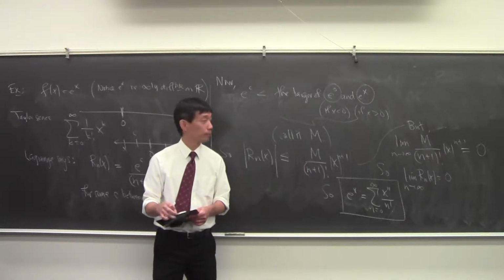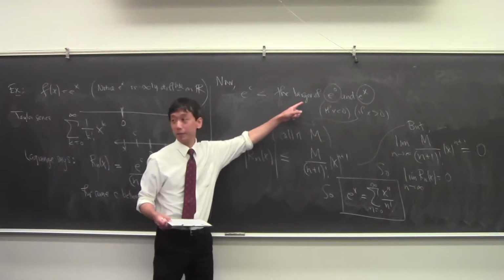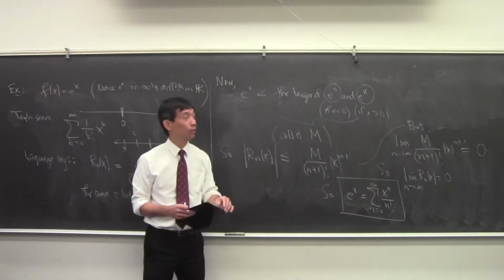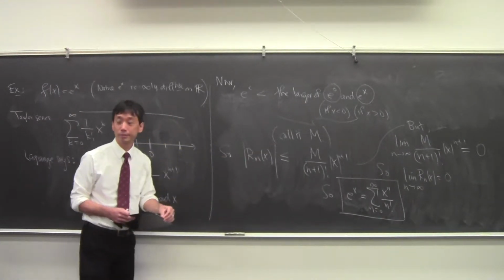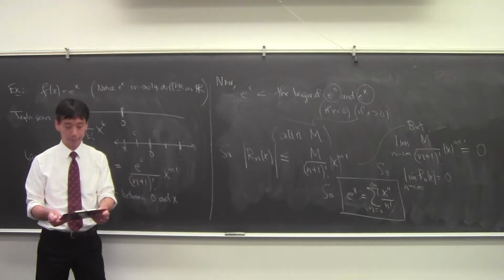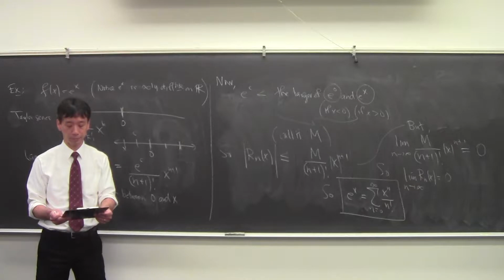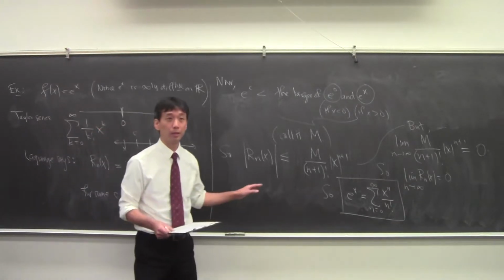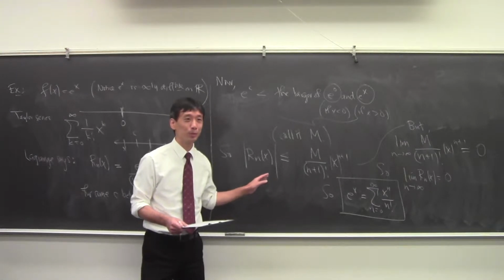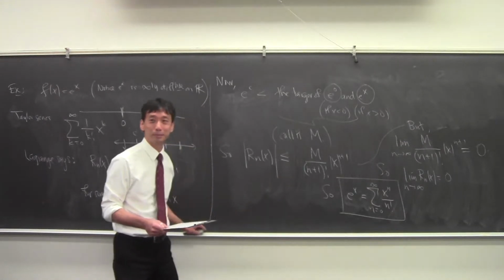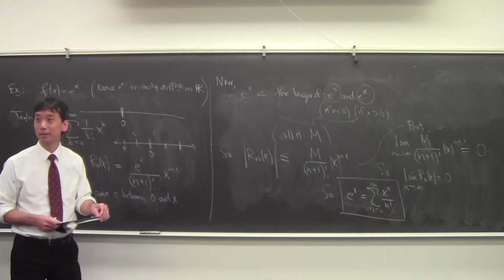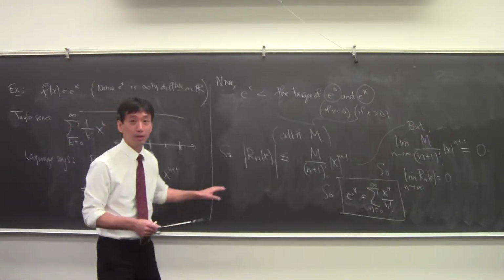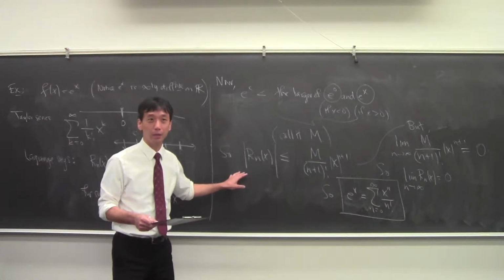M is larger. M was the larger of e to the 0 and e to the x. Okay, any questions on this?